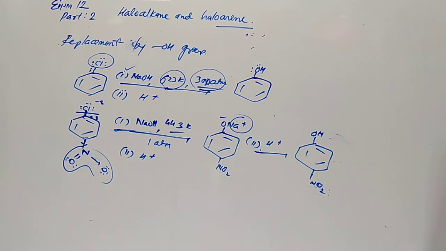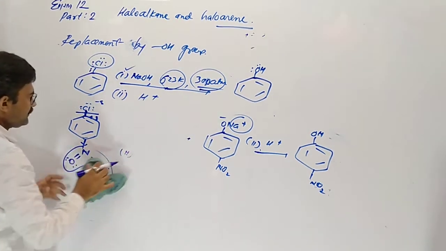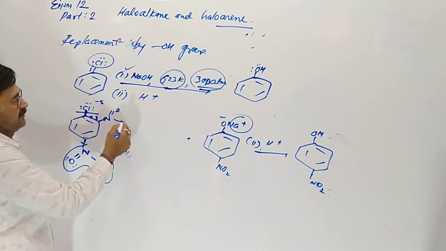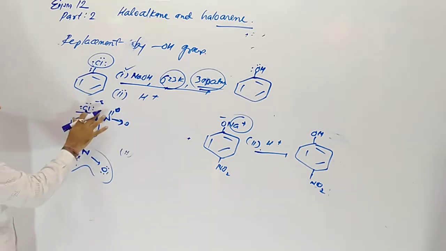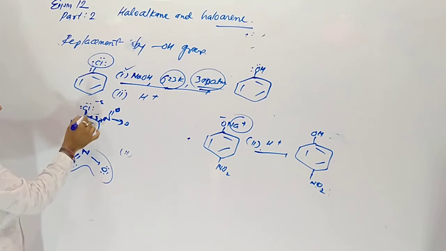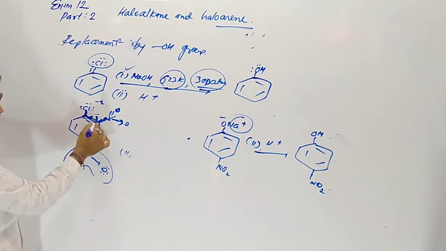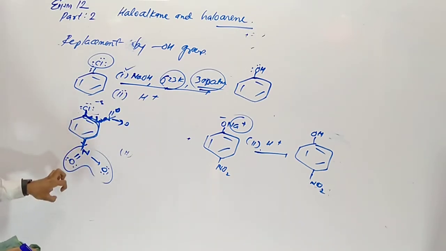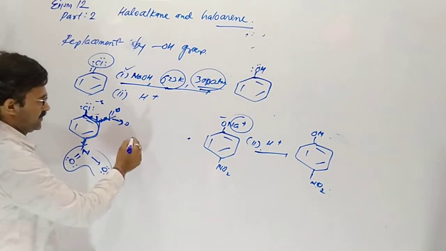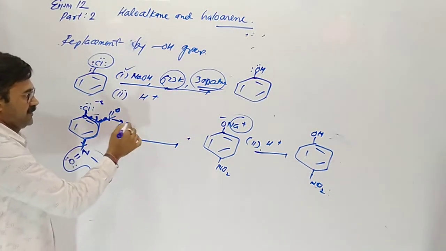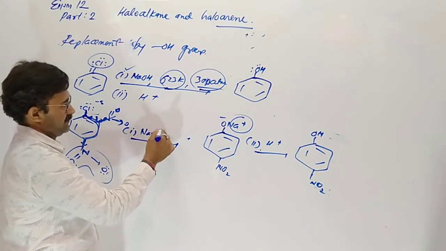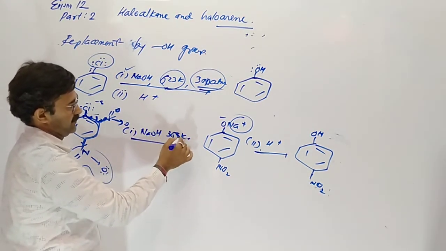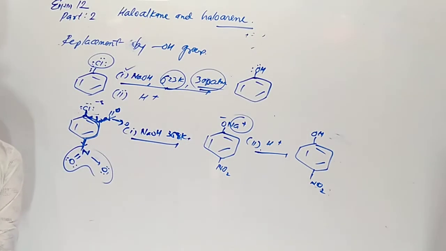If two nitro groups are there, one on the ortho place and one on the para place, both are withdrawing. So the polarity is more, both attract electrons from here. So single bond nature increases more. So this reaction occurs with NaOH at not 443 but only 368 Kelvin.